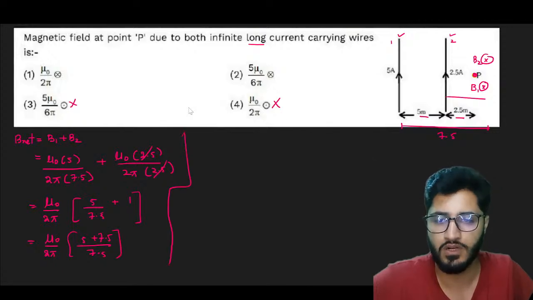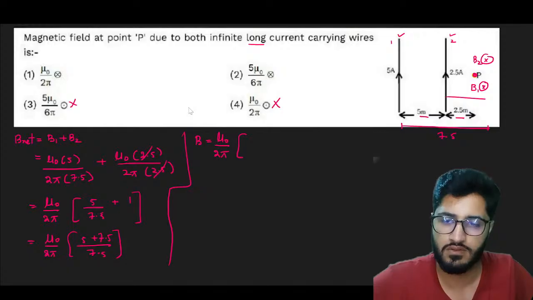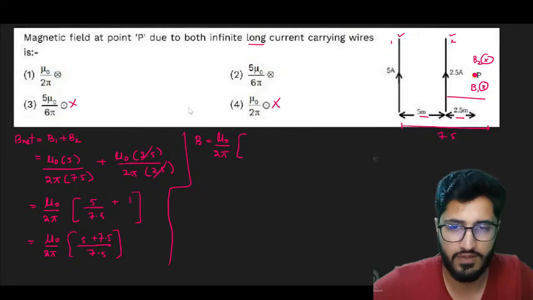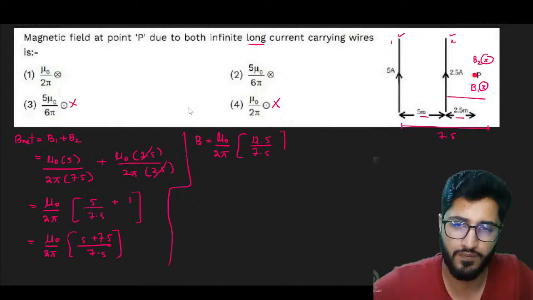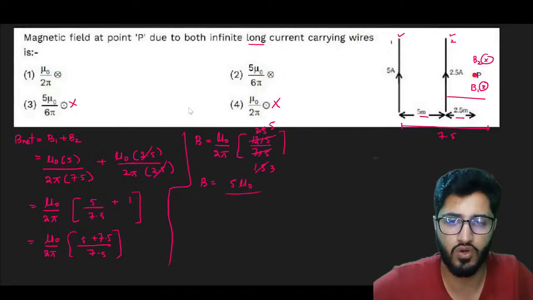So B net is mu naught divided by 2 pi times 12.5 divided by 7.5. The decimal points cancel out, 125 over 75, which is 5 by 3. So B came out to be 5 mu naught divided by 6 pi.